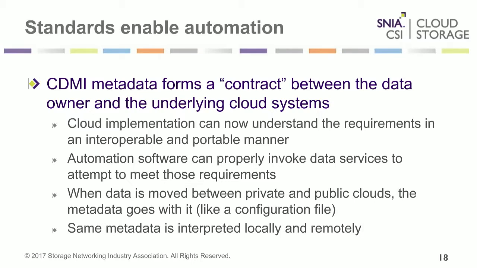So the metadata sticks with that data, and when you move it into the cloud, the automation there can interpret it in the exact same way to perform the cloud data services that are going to meet those same requirements. So that same metadata, it's a contract between the owner of the data and the cloud system, is interpreted identically, both locally and remotely.